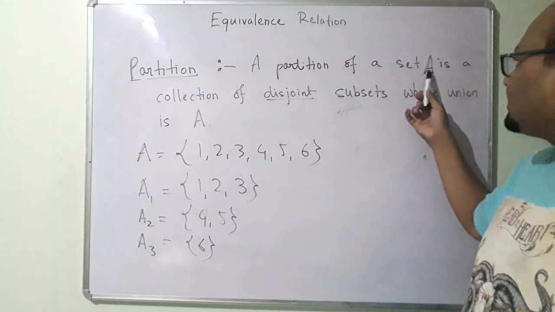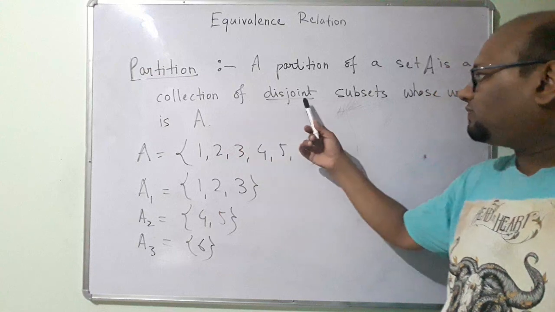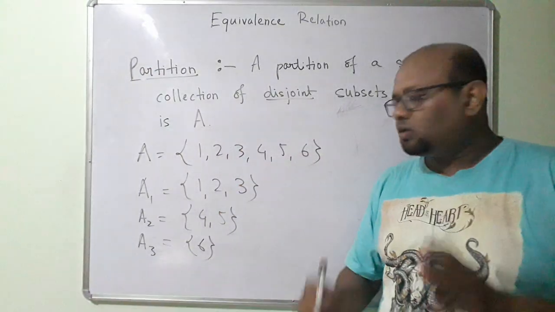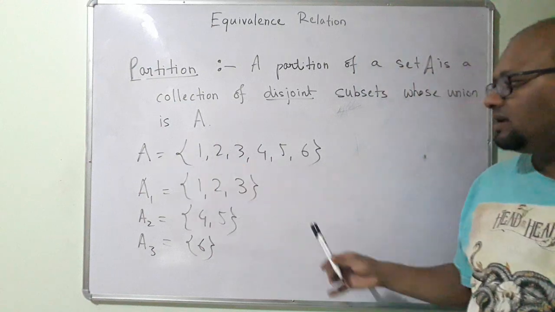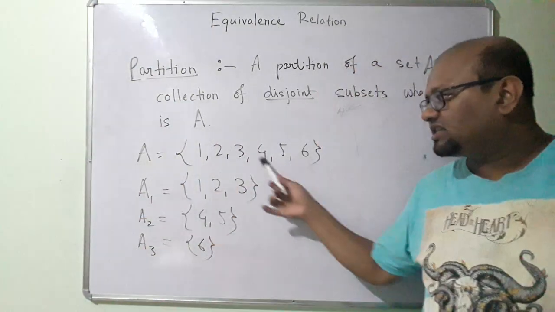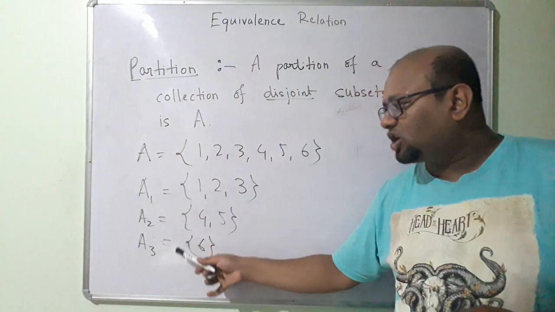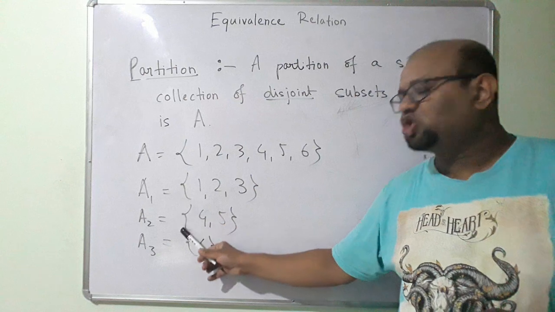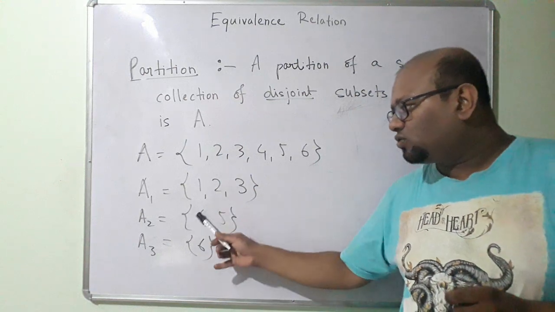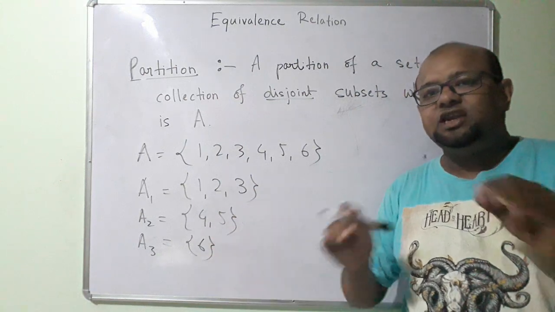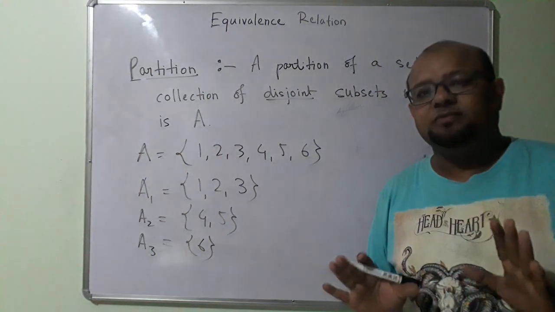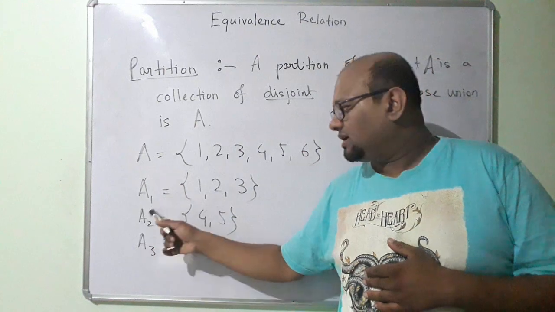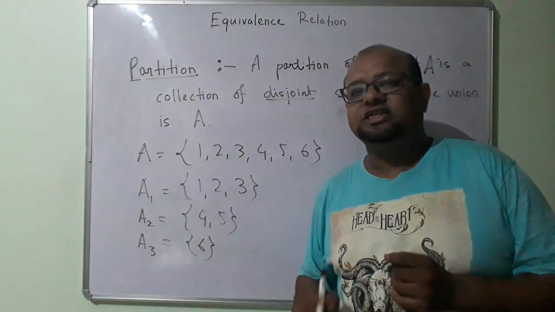A partition of a set A is a collection of disjoint subsets whose union is A. These 3 are subsets of A, and they are disjoint. Disjoint means they do not share any element. Pick any two, and their intersection will be the empty set phi.